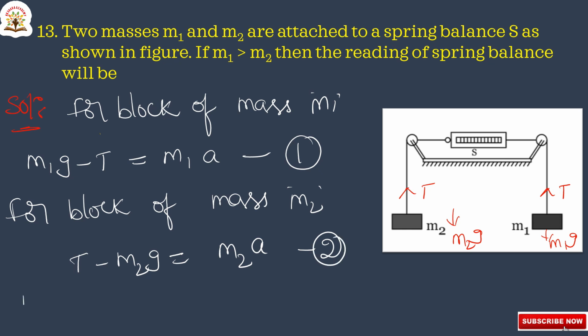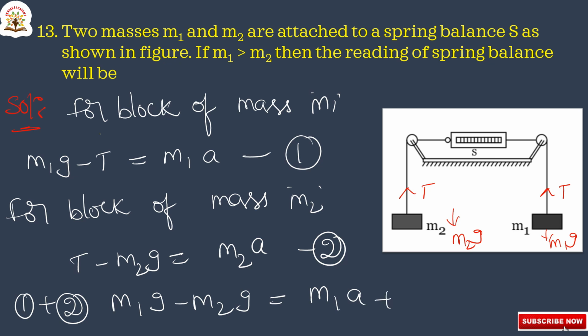So we are adding equations 1 and 2. 1 plus 2 will give m1g minus m2g is equal to m1a plus m2a. Here we are taking a as common. Next we will write a is equal to (m1 minus m2) into g by m1 plus m2.